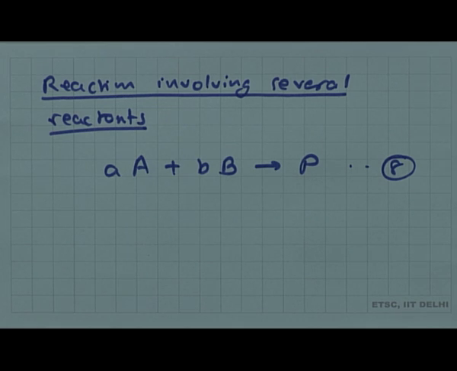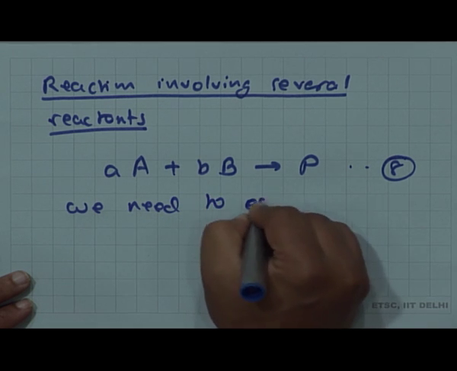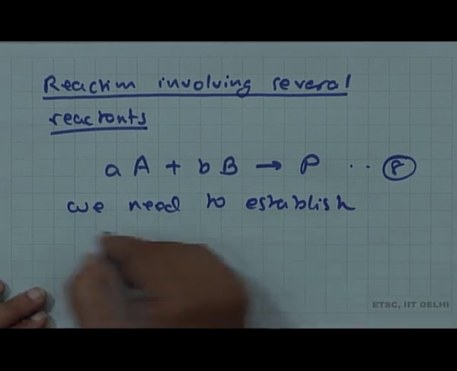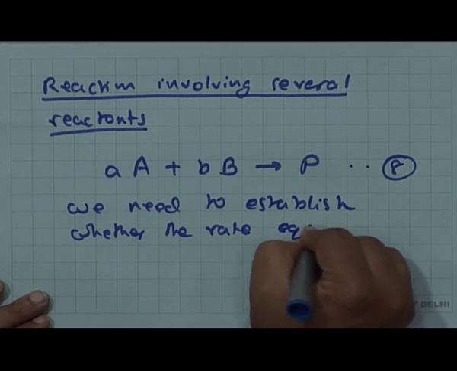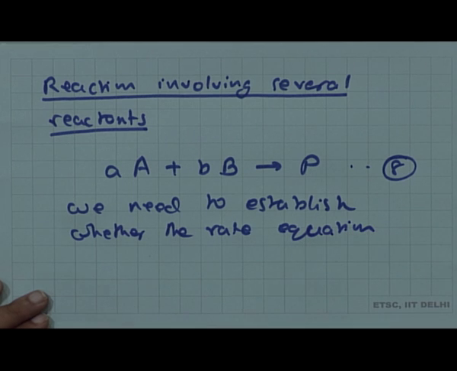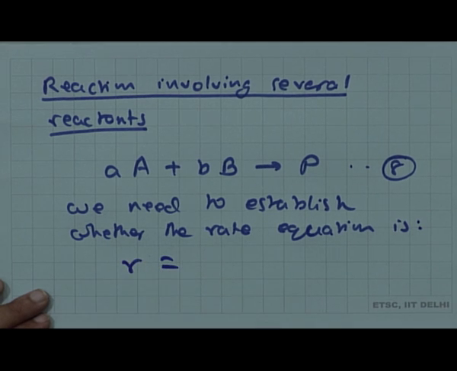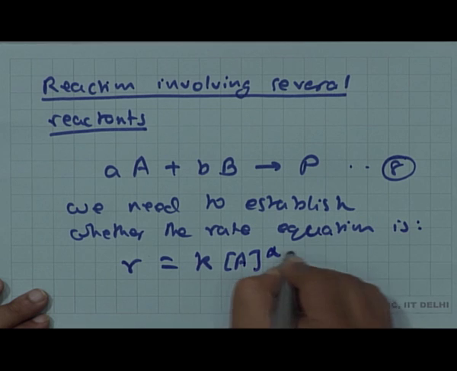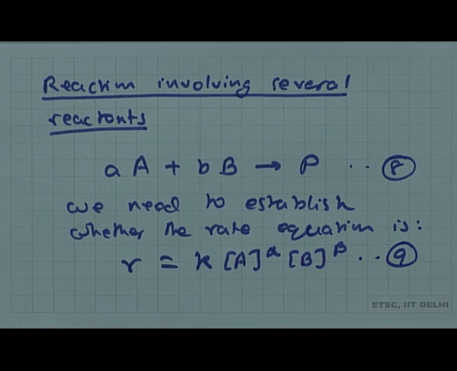And we need to establish whether the rate equation is of the form R is equal to K, the rate constant, times A to the power alpha, B to the power beta. So, this is important.